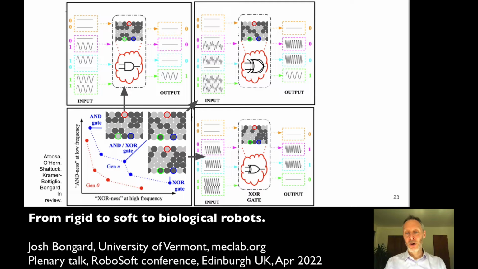And if we read off low frequency and read off high frequency, we can get materials in which that red particle is acting as an AND and XOR gate. This is a form of computational superposition, which does not rely on quantum effects. We're getting one part of the material to compute 2 different functions in the same place at the same time. This is the second non-intuitive corner of robospace, or at least metamaterial space, that I wanted to show you today.